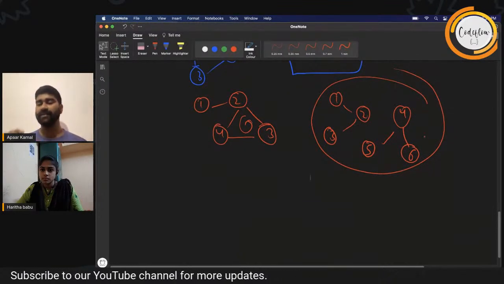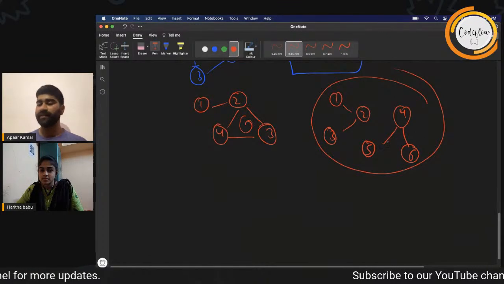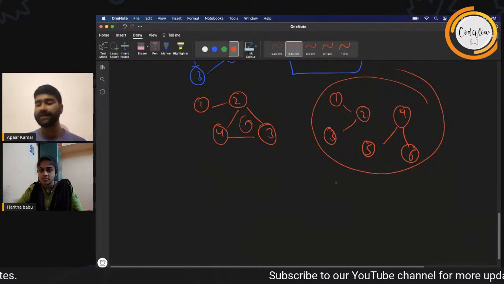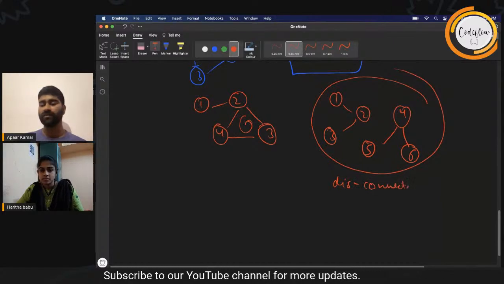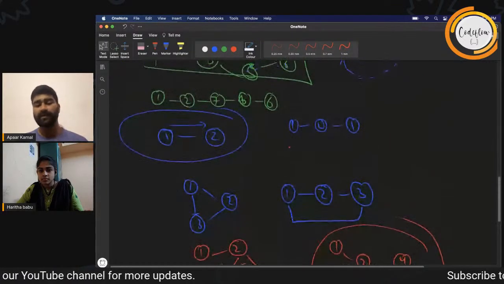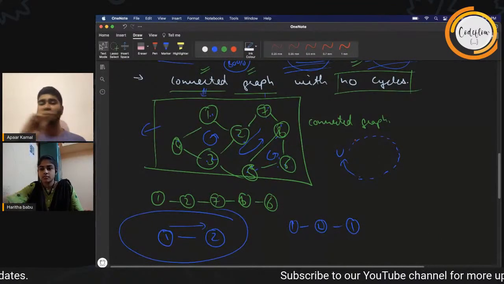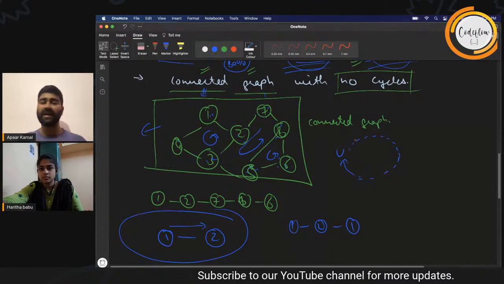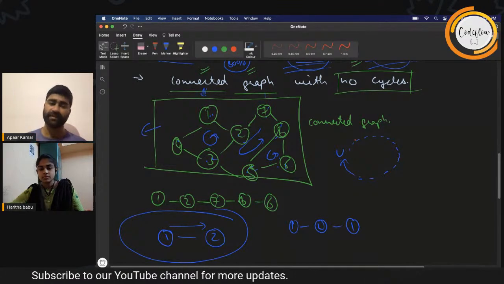Of course, you can't tell. Think about whether it is a tree or not. So this is not a tree, right? Why? Because it is disconnected, right? So mostly, if in the problem statement it is written that you have been given a structure which is connected and has no cycles, then directly understand that it is a tree.